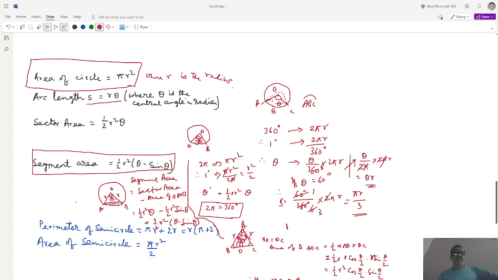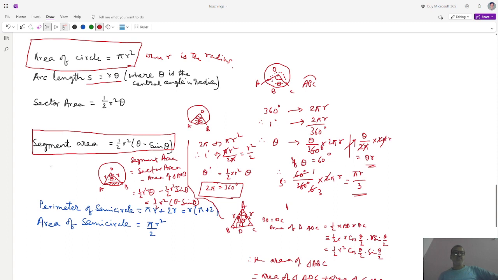Then how do we calculate the segment area? Segment area equals half into r square into theta minus sine theta. Here is the diagram of a segment.